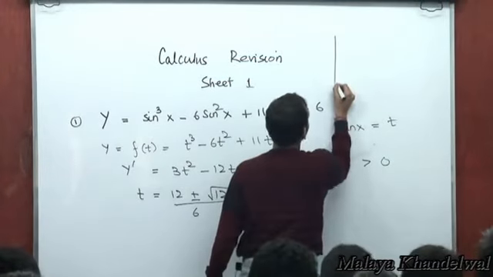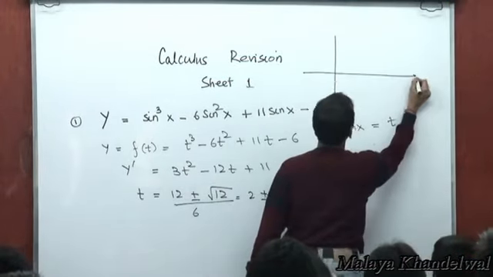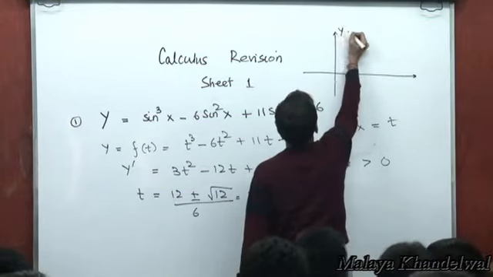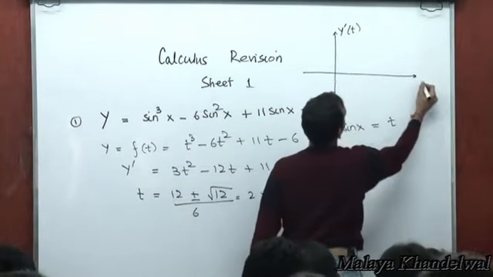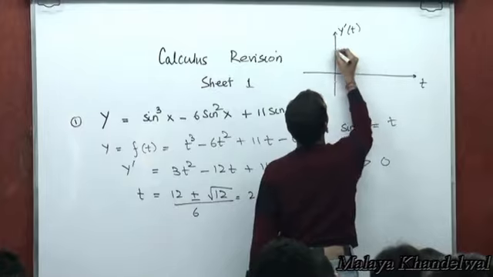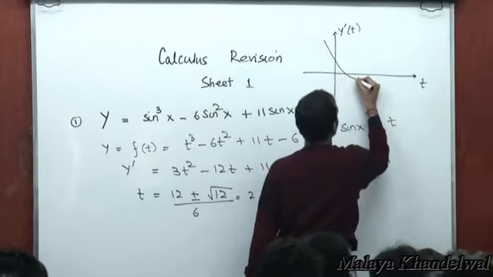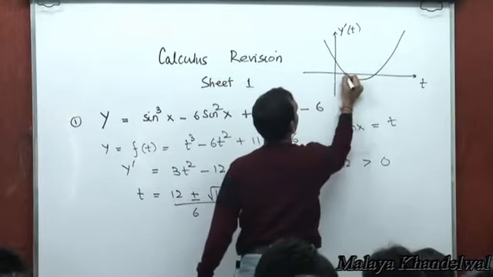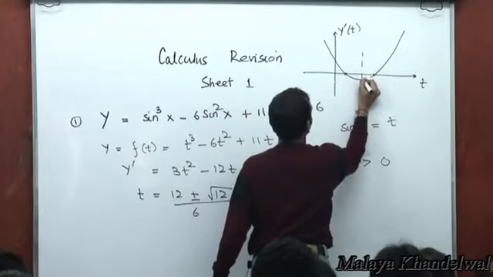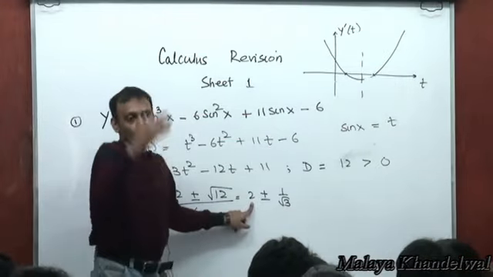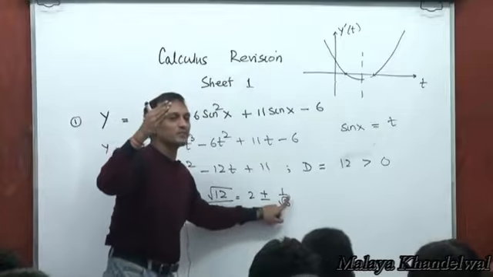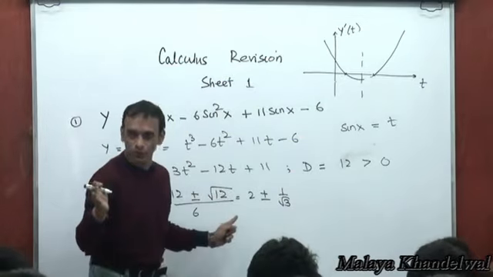So then y dash t versus t is a graph like this. Very clearly t equal to 2 will be the line of symmetry because 2 plus 1 by root 3 is a root and 2 minus 1 by root 3 is a root.